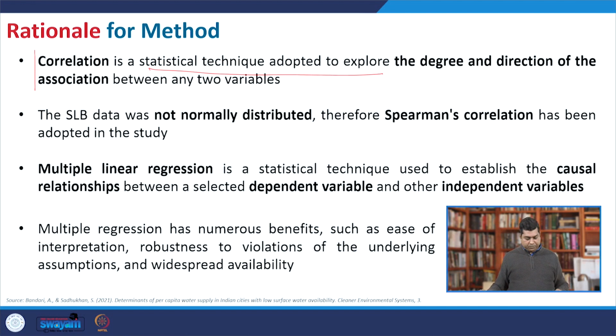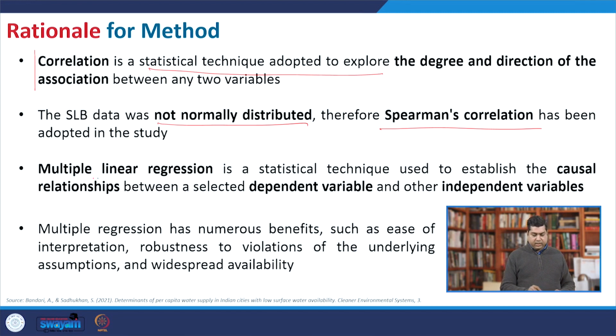The SLB data was not normally distributed, because this is just some data points that we have considered. So Pearson correlation was not appropriate, and we used the Spearman correlation to see the association among the variables.